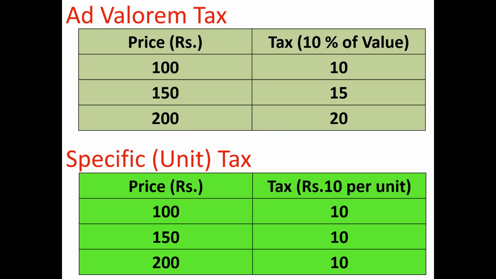Answer? Ad valorem tax. Ad valorem tax is better for the government because normally prices are increasing. When the prices are increasing, the government can earn more money. So in most cases, the government charges taxes by the ad valorem method. Specific taxes also exist, but in very few instances. Mostly the government focuses on ad valorem tax.